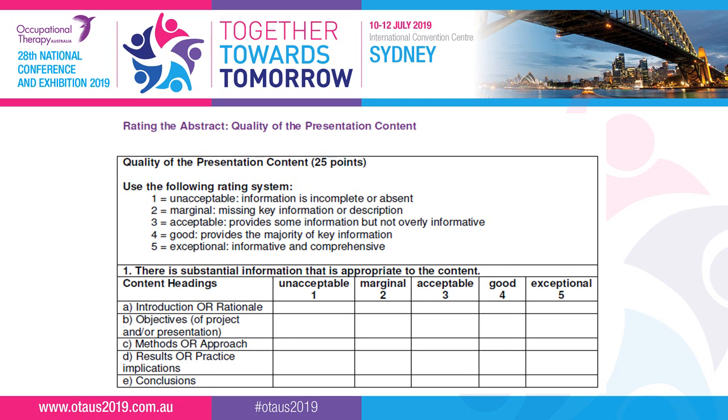So each one should be as strong as the rest. As I've said previously, one of the areas that people tend to get lower ratings for is item D, or the results or the practice implications. So this is a really important area to focus on and make sure that that's really well articulated.